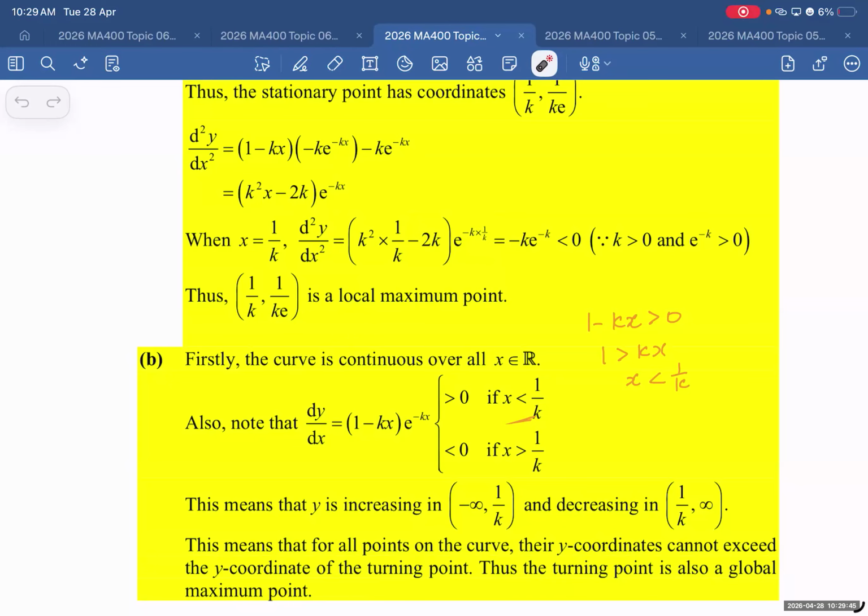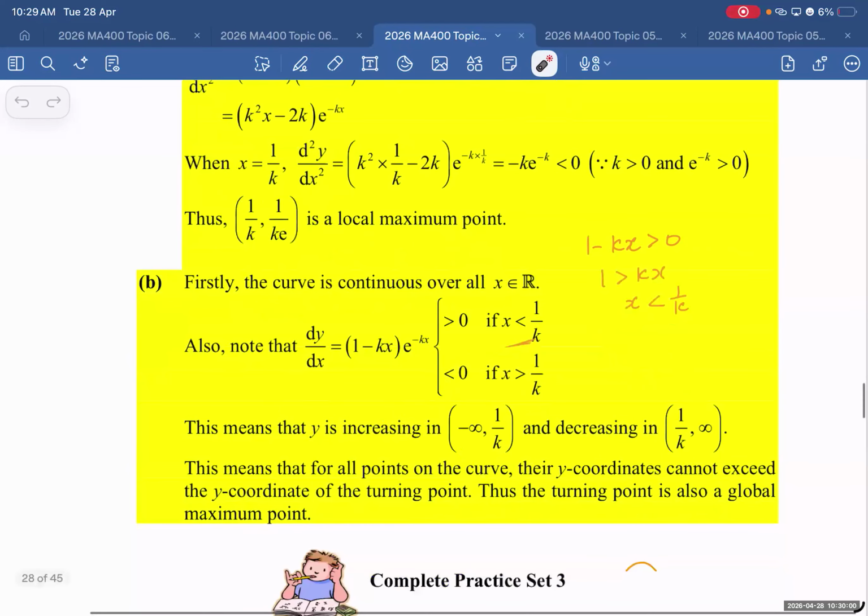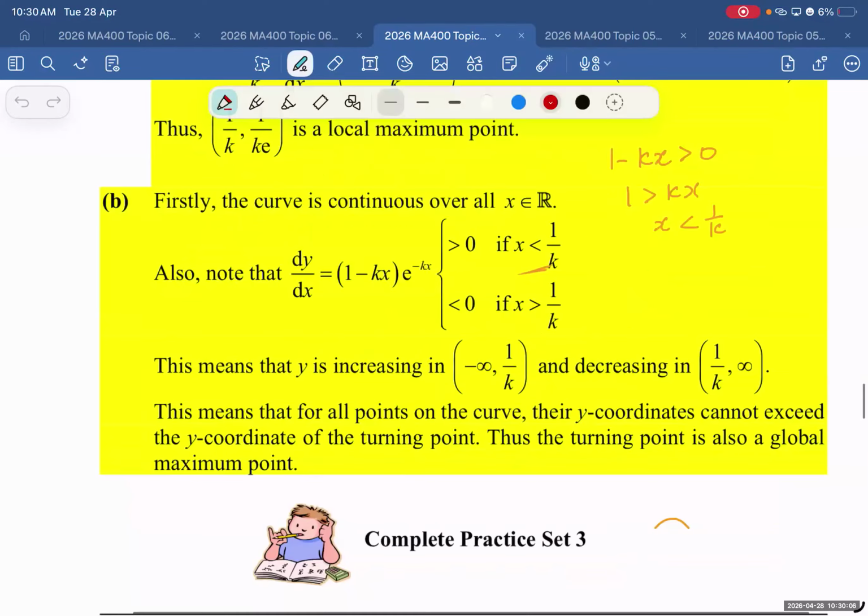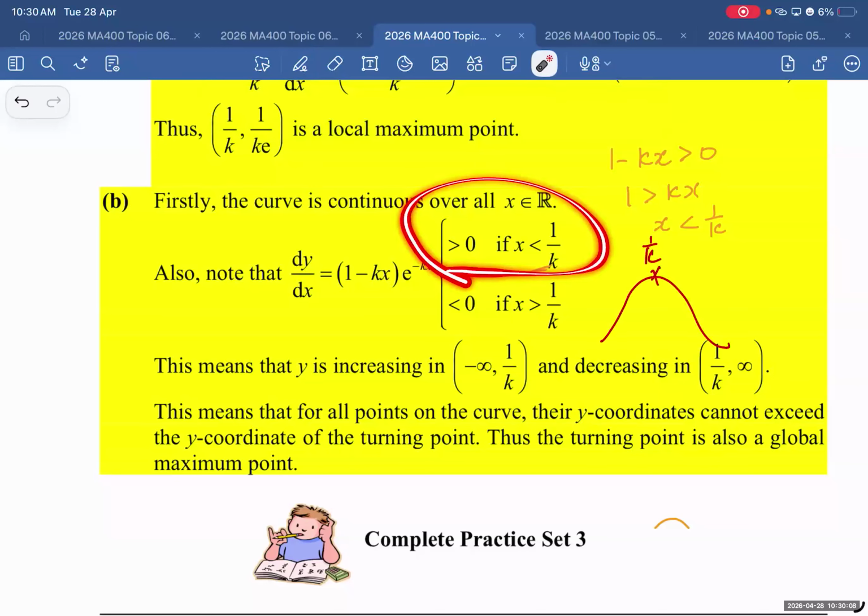But if x is more than 1 over k, this is negative, this is positive. They will be negative. So what I'm trying to tell you is that this is telling you a story. The story is that 1 over k is here. On the left side, you can see it's positive. On the right side, it's negative.